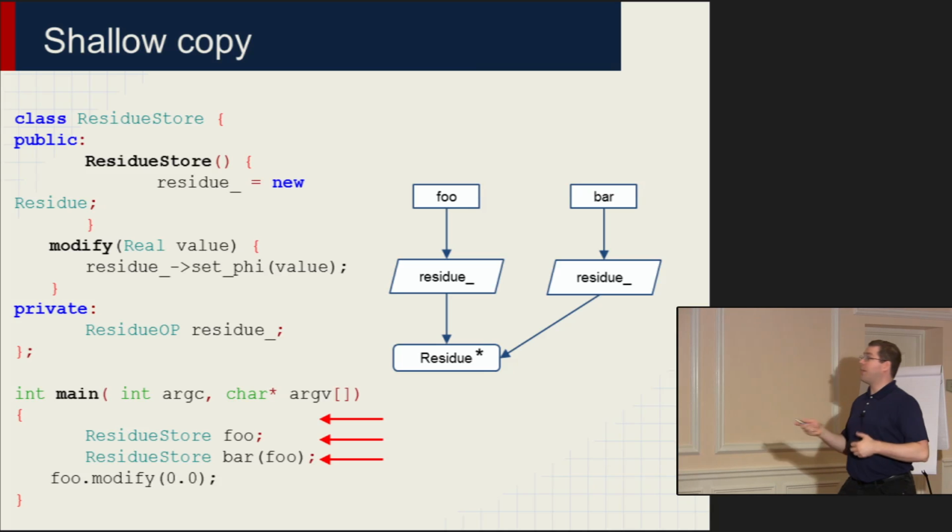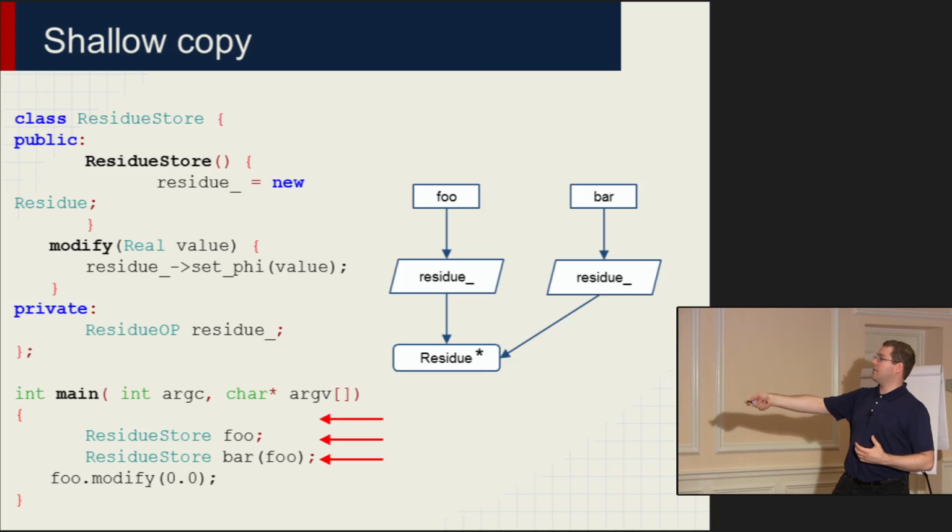So here we're going to talk about the distinction between shallow copying and deep copying. By default, the copy constructor and assignment operators will do shallow copying. Here we have a class ResidueStore. When we create it, we make a new residue and store it in the residueOP private member variable, and we have some function that we can modify the residue with.